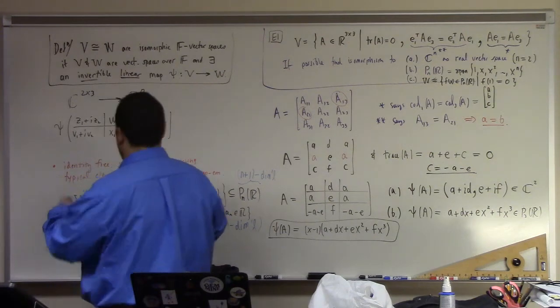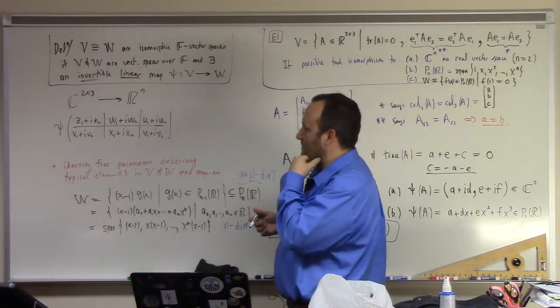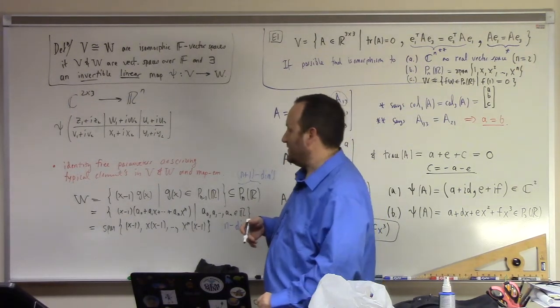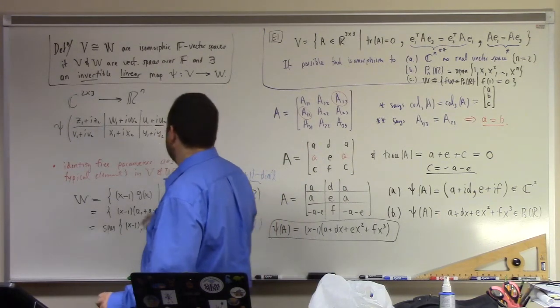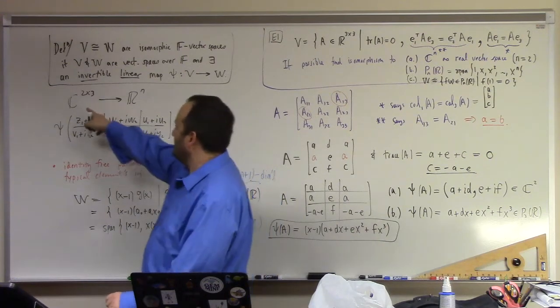So there is your typical 2 by 3 complex matrix, and I'm finding an isomorphism as real vector spaces. So what's your n? What's the dimension of this?